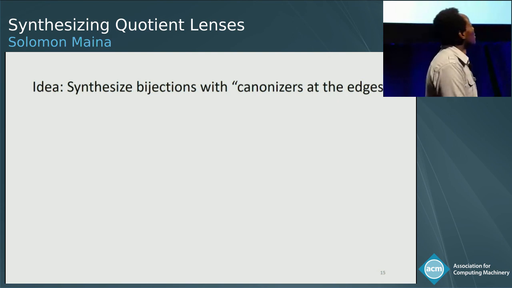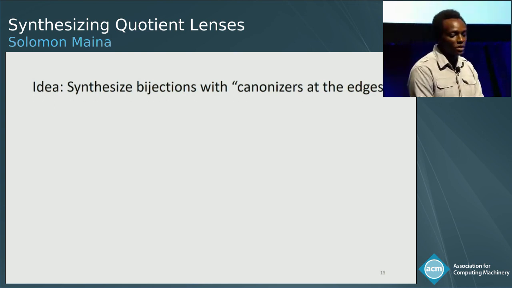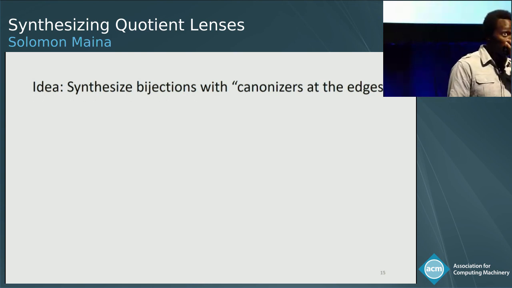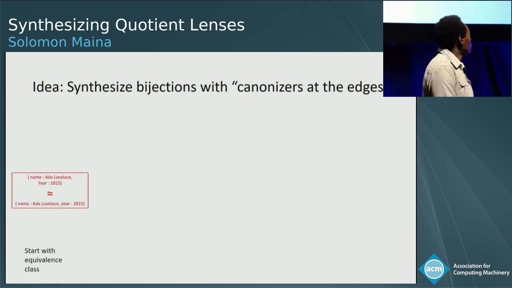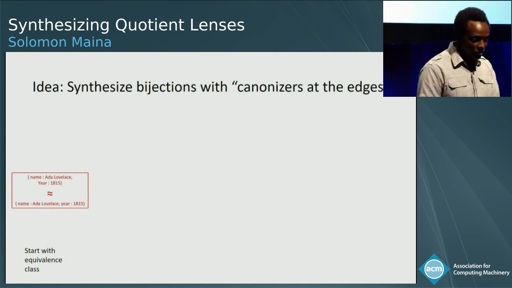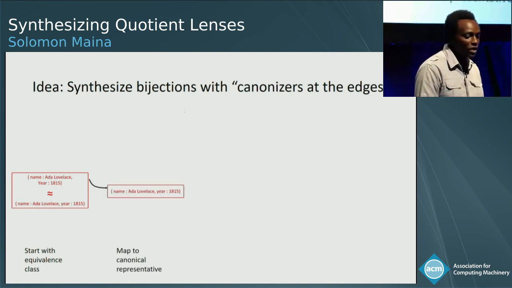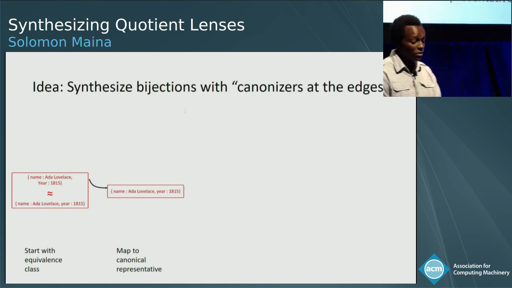Okay, so our idea for this work was a very simple one, which is we synthesize bijections with canonizers at the edges. So what does this mean? Let's say that we start with a JSON equivalence class. We simply map that equivalence class to a canonical representative.